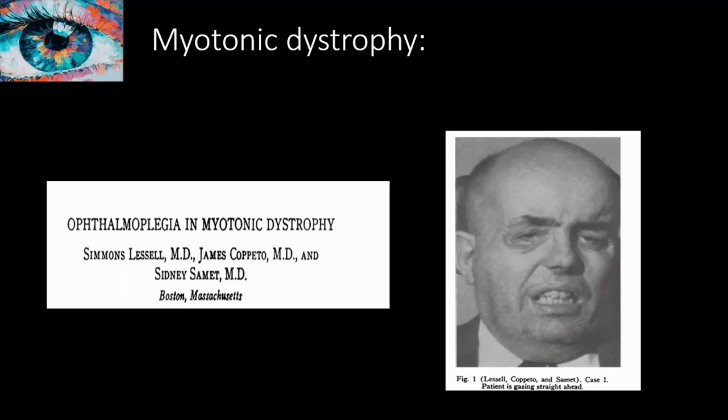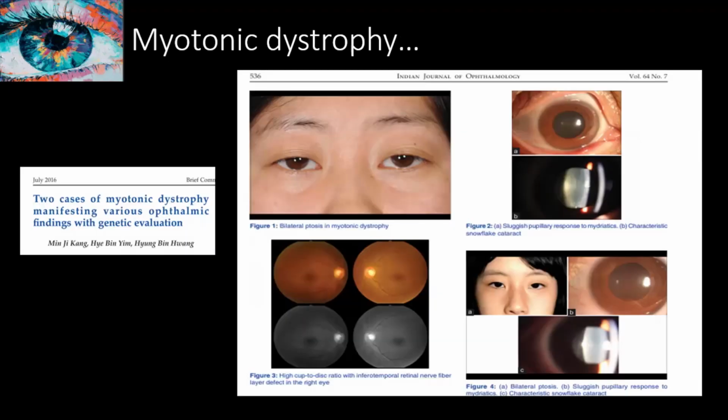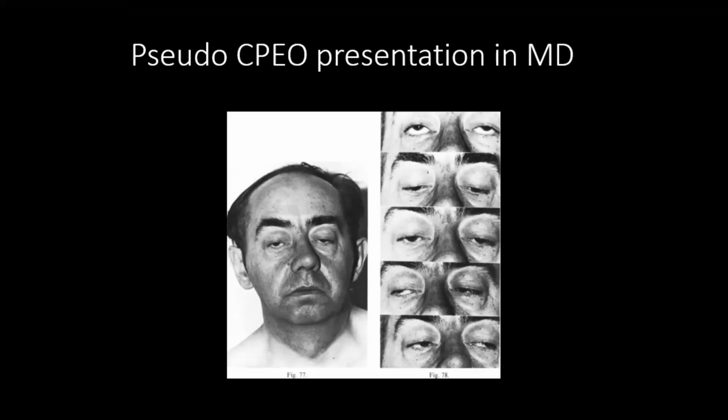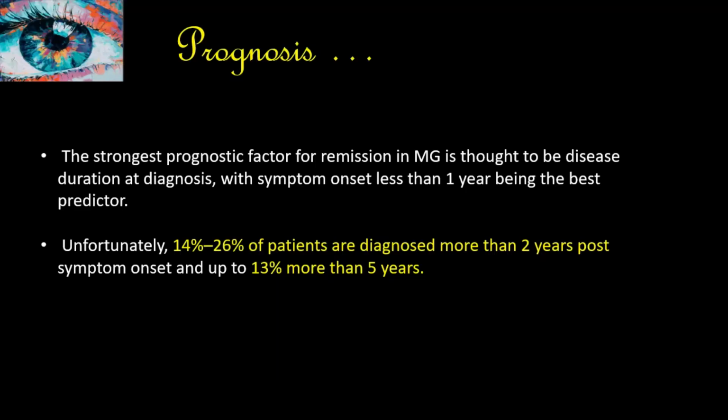Again, ophthalmoparesis can happen in myotonic dystrophy also, very rare, but think about that also. And whenever myotonic dystrophy is there, look for the cataract. This everyone knows. And this is a pseudo CPEO kind of presentation in myotonic dystrophy. So whenever you see chronic symmetric ptosis and ophthalmoparesis, don't think about CPEO or myasthenia alone. Think about other muscular dystrophies also.